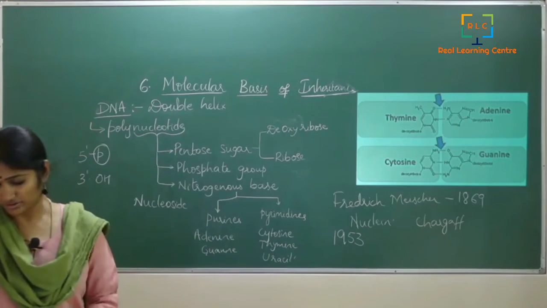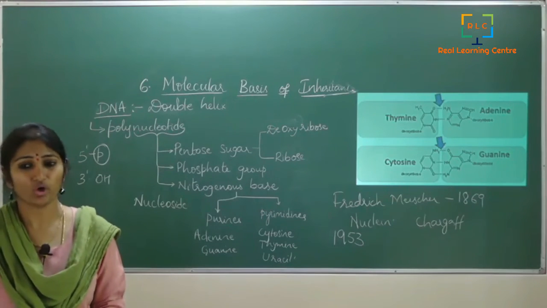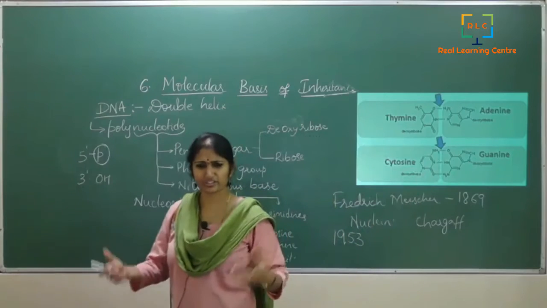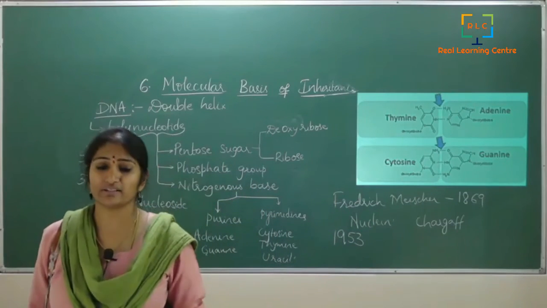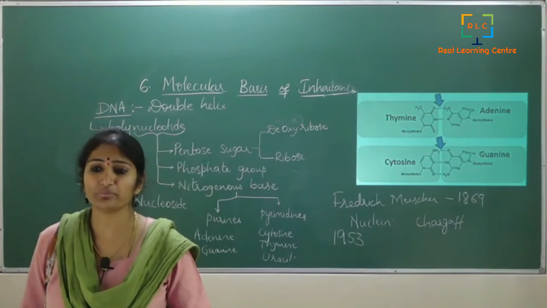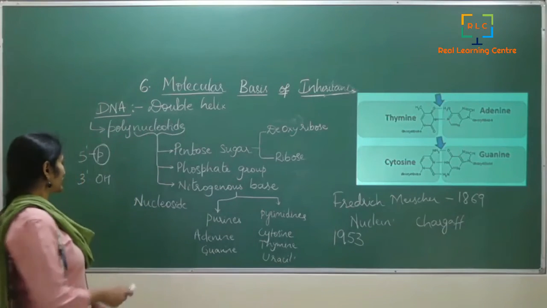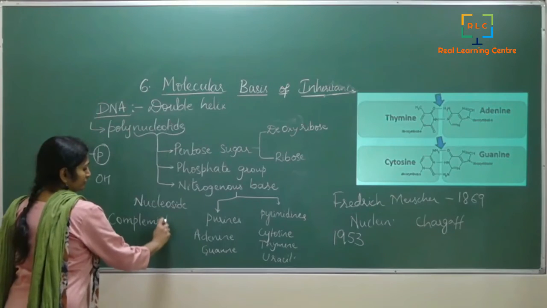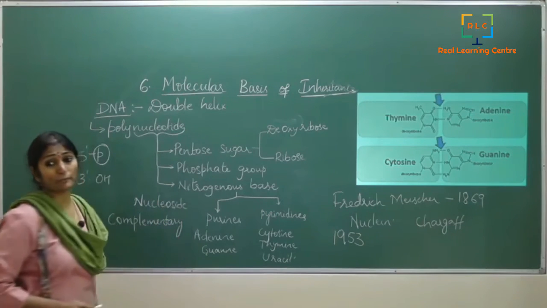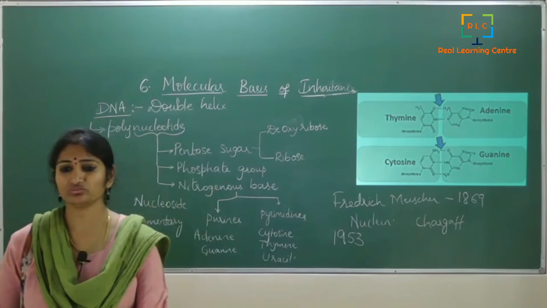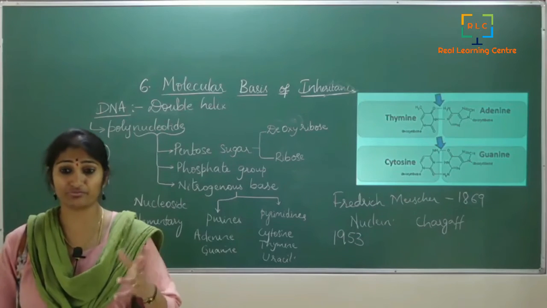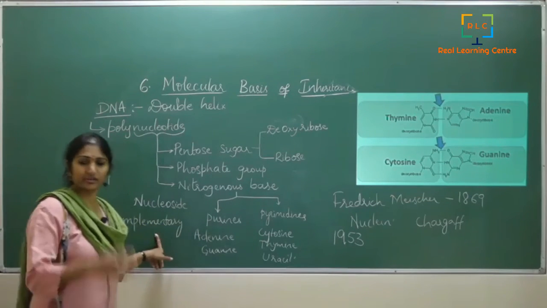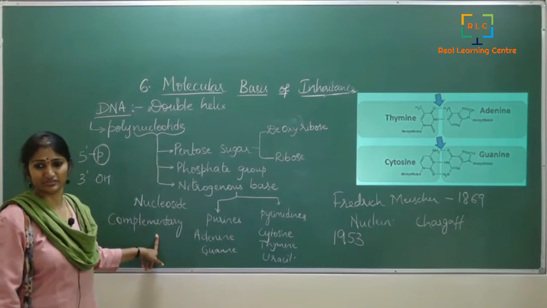Okay, so this binding of adenine to thymine and guanine to cytosine is very specific, right? Now we call that DNA complementarity, the complementary nature. And again it is very important, because if I know the sequence in one strand, I will get to know the sequence in the other strand.